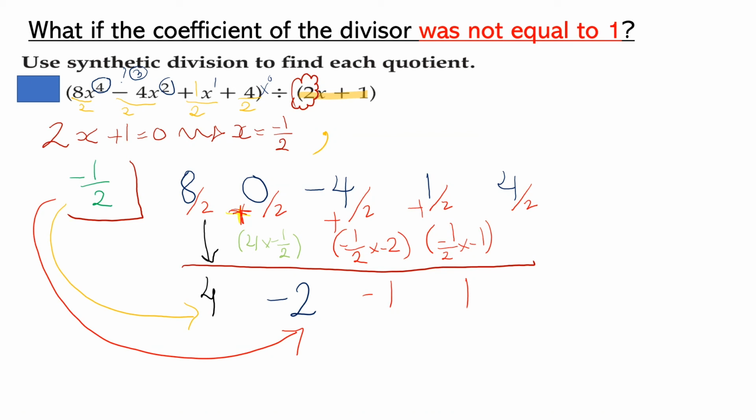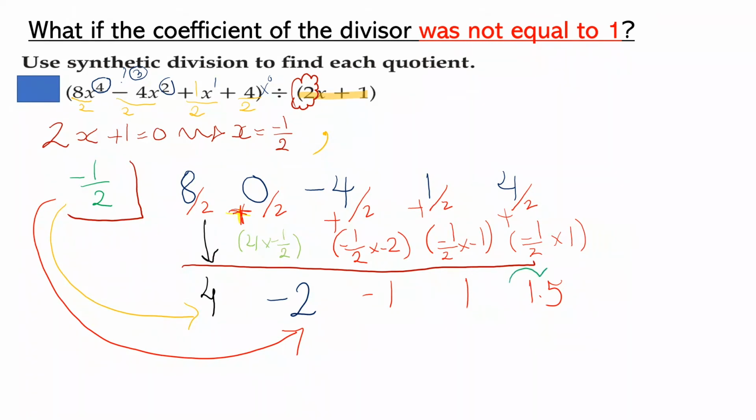Lastly, it is 1.5. And now, pay attention to this. Before doing anything, you divided your polynomial by 2, as you can see.